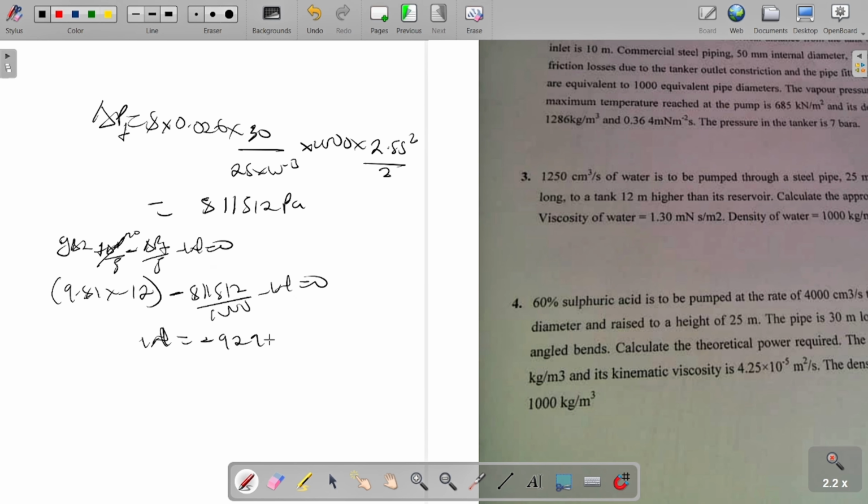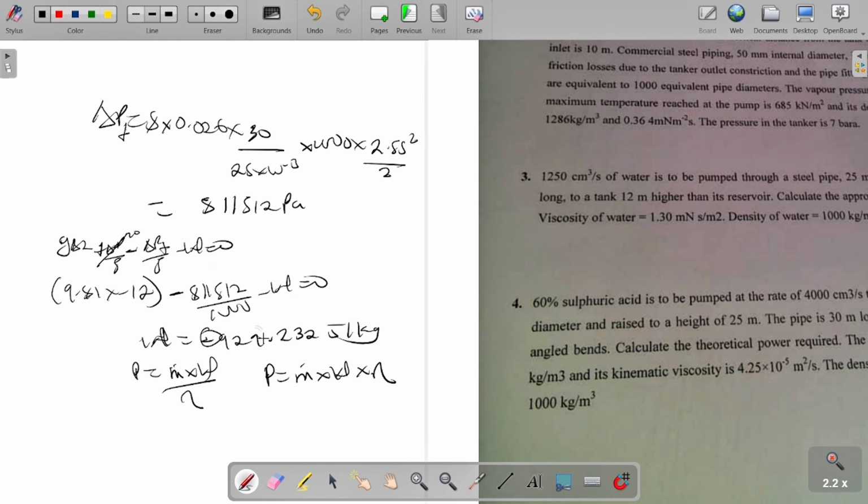So W will be equal to negative 929.232 joule per kilogram. Since we are getting negative, that tells us it's actually a pump that you are using. If you get W to be positive, that means you are using a turbine. For a pump, the power is the mass flow rate times the work, divided by the efficiency. But if you get a positive W, meaning a turbine, then the power becomes the mass flow rate times the work times the efficiency.